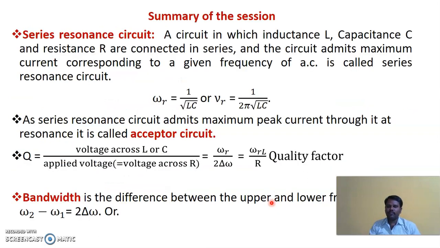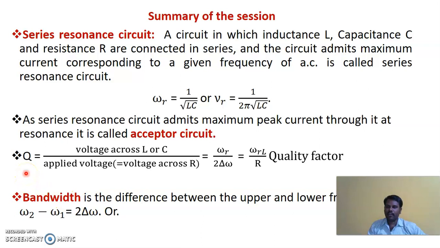So in this session, we learned the condition for a series circuit to be at resonance is omega L is equal to 1 over omega C, whose resonating frequency is given as nu r is equal to 1 over 2 pi square root of LC, and it is called an acceptor circuit.